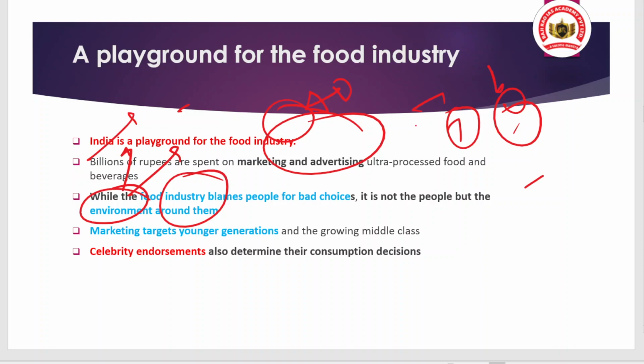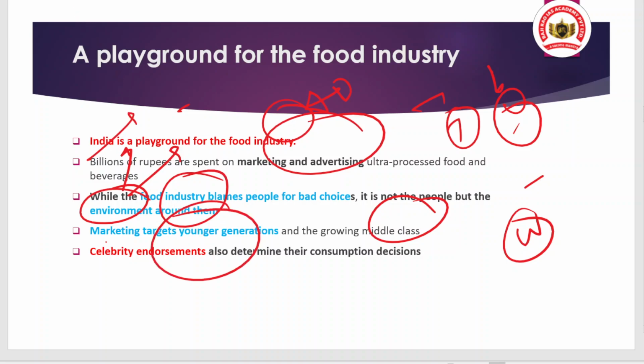Also, an important factor is that marketing targets the younger generation and the growing middle class. We have already discussed that we follow some celebrities, and if celebrities are promoting a product, we are happy to accept that product. So celebrity endorsement also determines our consumption decisions.